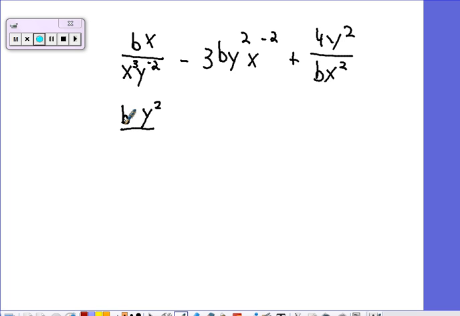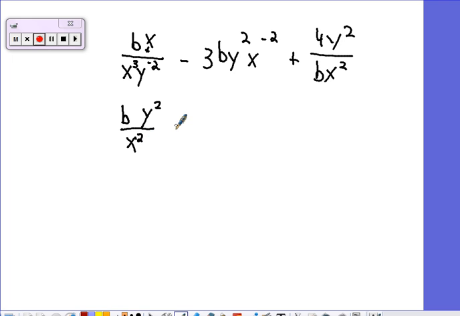So which one should I move, the top x or the x to the third on the bottom? The top one. I need to move the top one because I want to keep them all positive, right? Because that's what I told you to do. So we're going to move this one down. So 3 minus 1 is 2. So now we have x squared. First term is done.